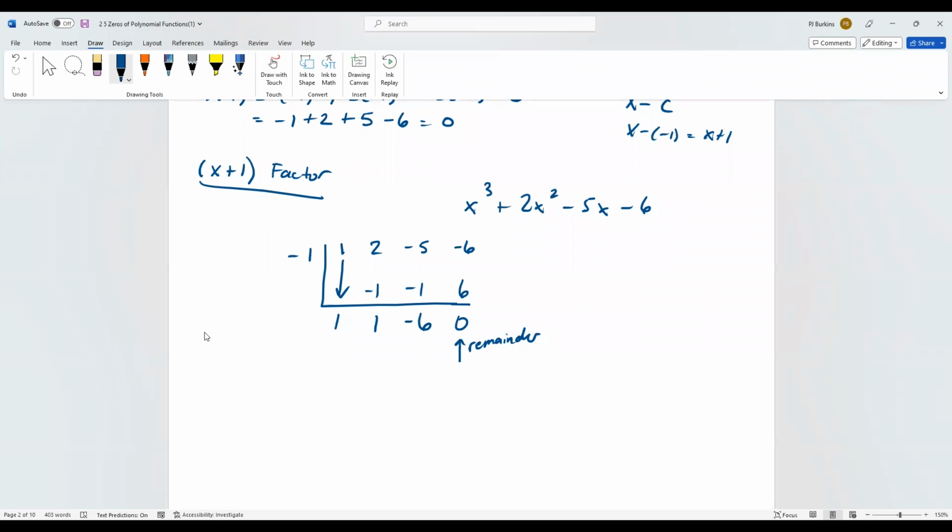So we're good there. Then remember, this is our constant, and then the x term and x squared term. So currently we have now as our factorization x plus 1, and then we have x squared plus x minus 6.